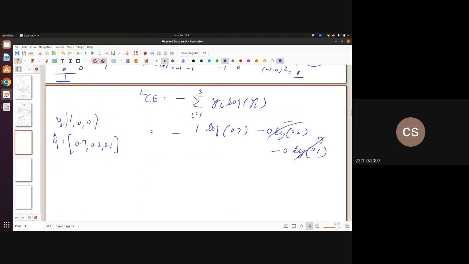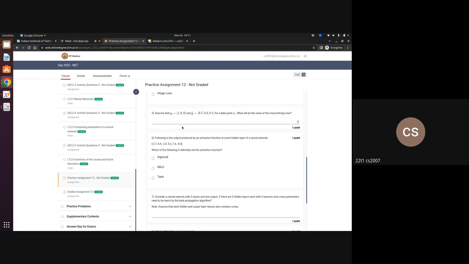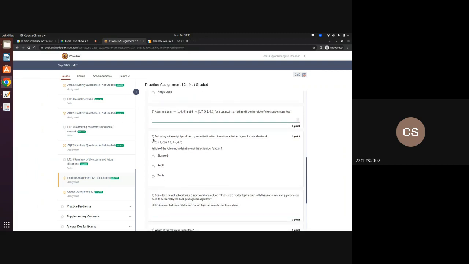This becomes 0, this becomes 0. We end up with minus log 0.7. You can look up the value of log 0.7. It will be some negative value, so with the minus, some positive value less than 1. Okay, you can just check that out. So that's the correct answer. Next one.